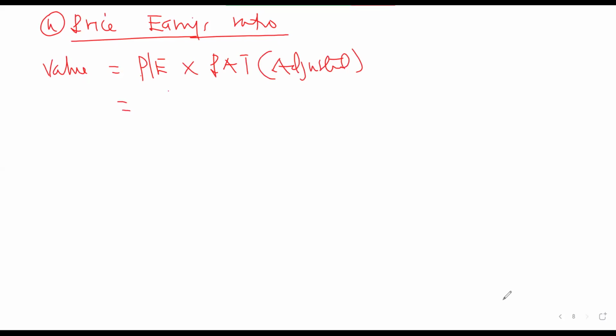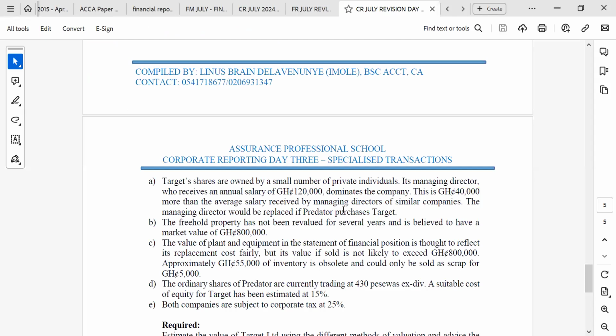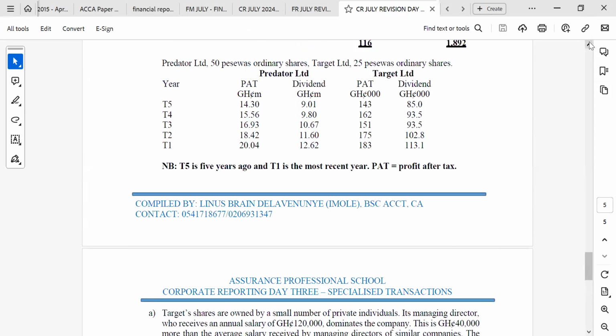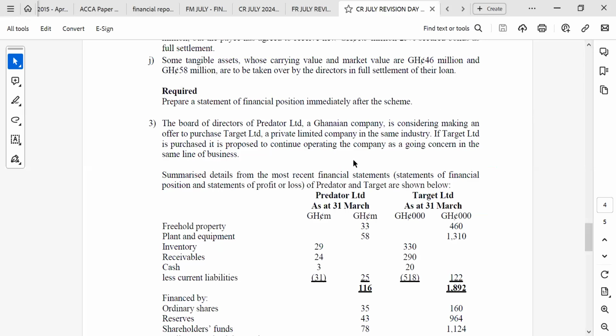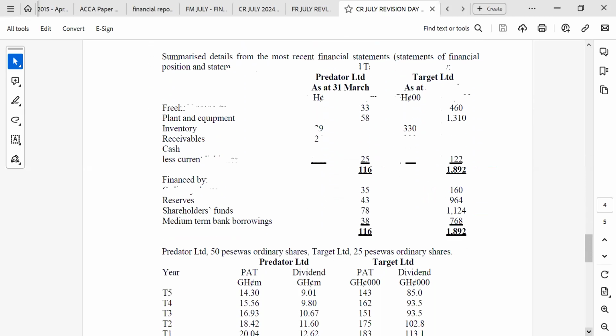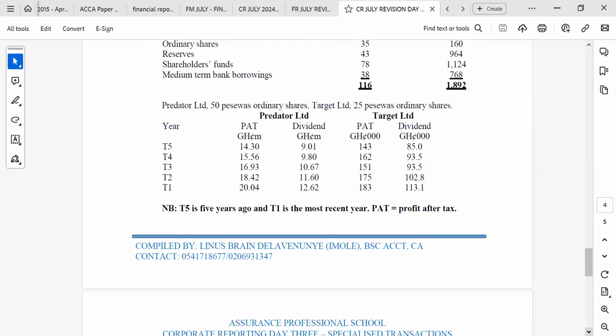So what we do is, are we given the price earning ratio? We can calculate the price earning ratio of a similar company that is listed. Pre-data will be listed. So what is the recent profit after tax for pre-data? 20.04.